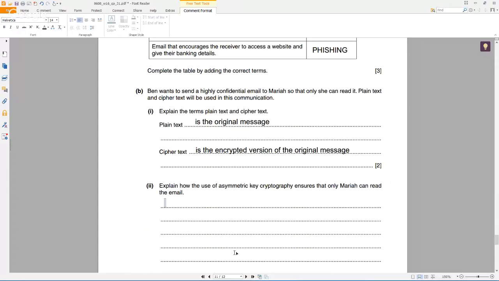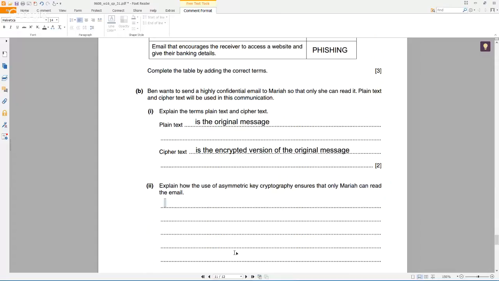So how does the use of asymmetric key cryptography ensure that Maria can read the email? Asymmetric key cryptography means that each person who wants to communicate has a public and private key pair. The private key is only known by the person, and the public key is known to everybody.